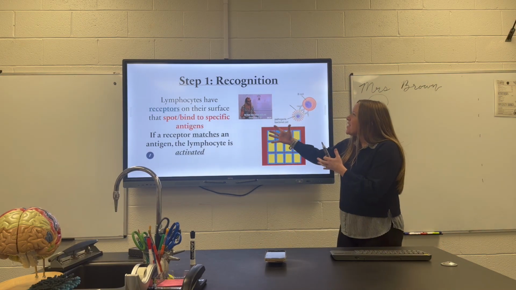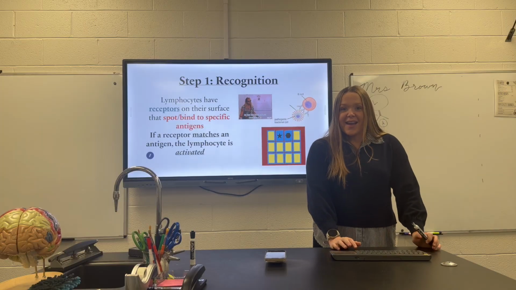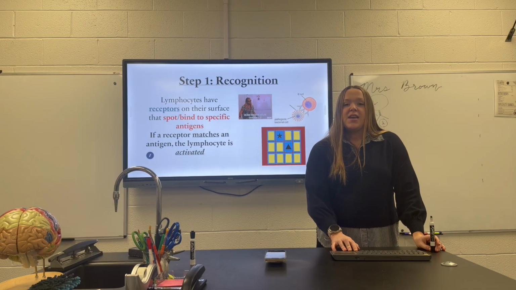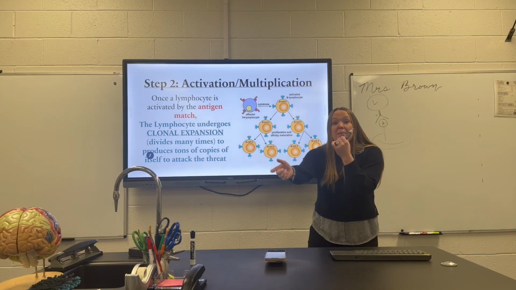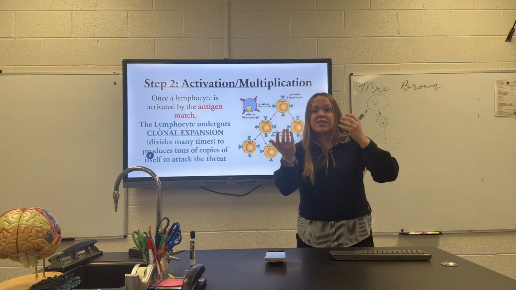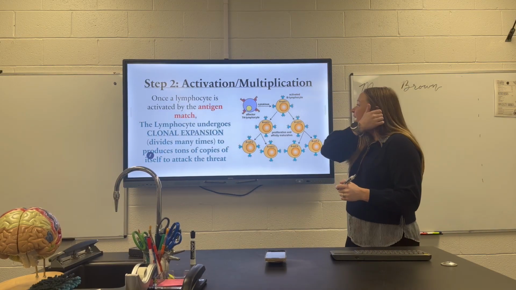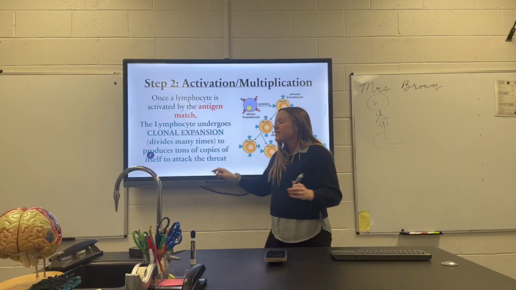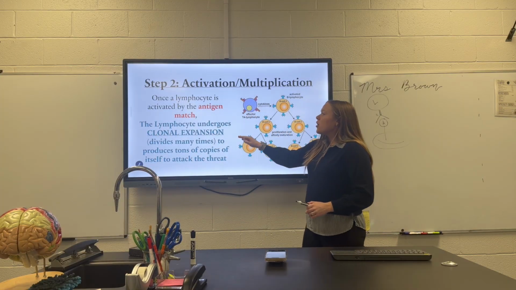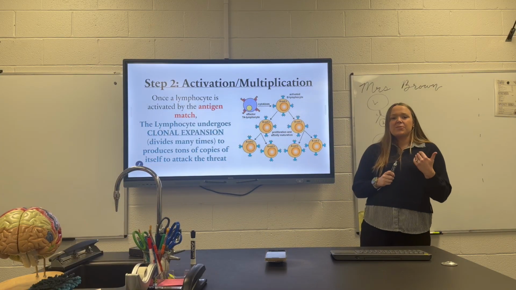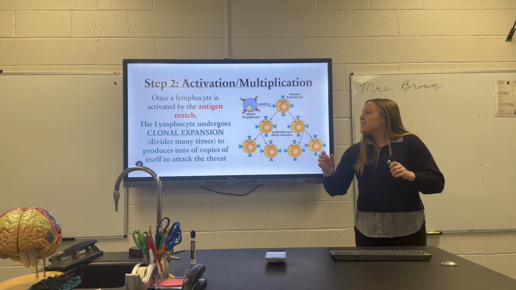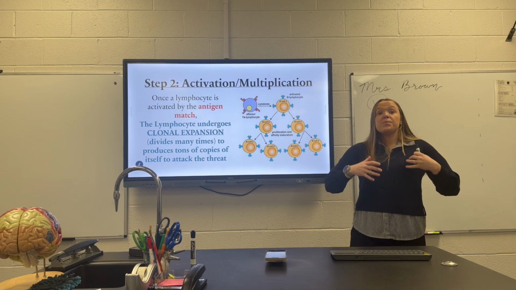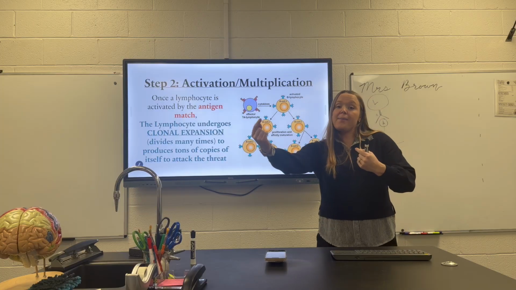So that's how a lymphocyte recognizes a pathogen in the body. Next, after the lymphocyte has been activated by that antigen match, just like that card game, the lymphocyte does something crazy. It undergoes something called clonal expansion. What this means is that the lymphocyte is specific to that pathogen.